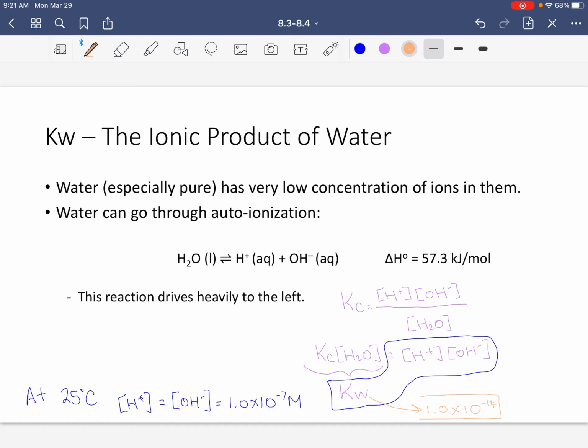That's a very important number. We'll see it in certain calculations that we're going to do.